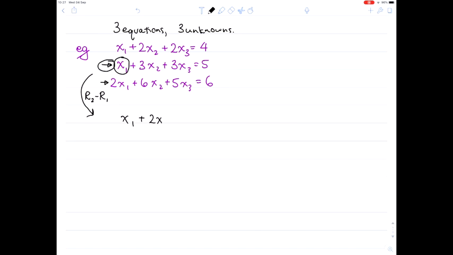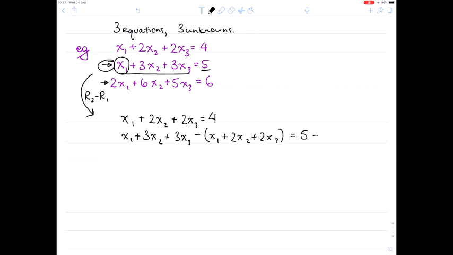I'm not changing it. But I'm subtracting row 1 from row 2. So I'm saying x1 plus 3x2 plus 3x3 minus, this is the row 1, is equal to, and then I've got my row 2 minus row 1.